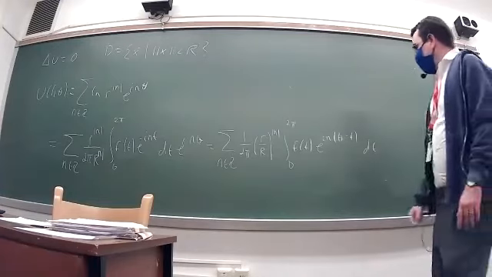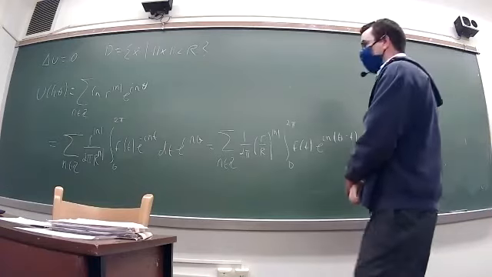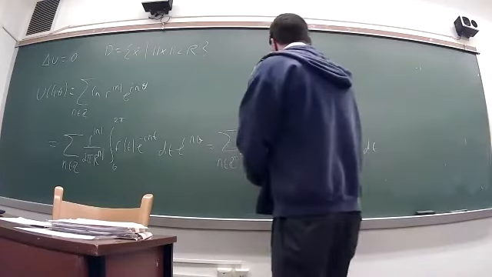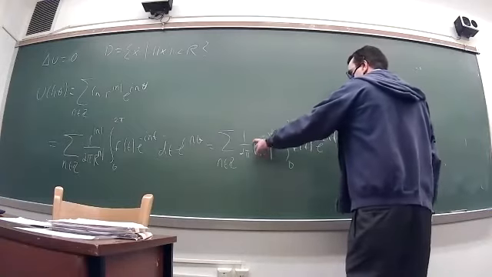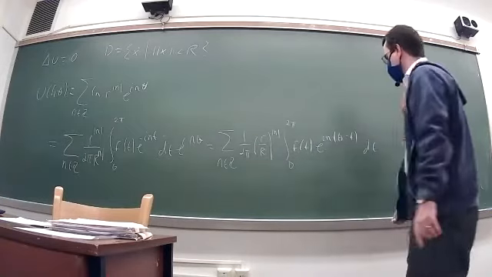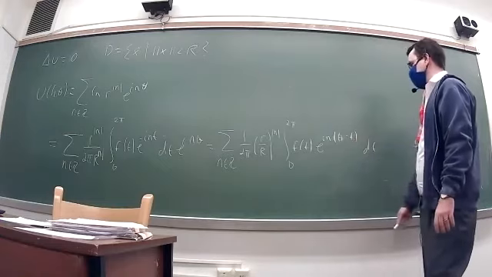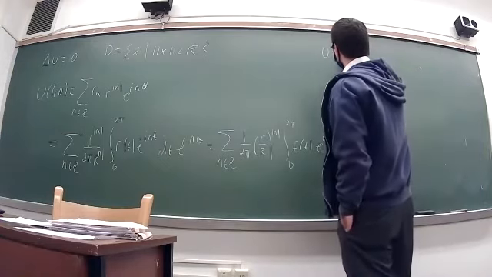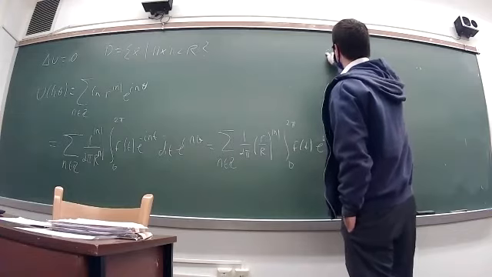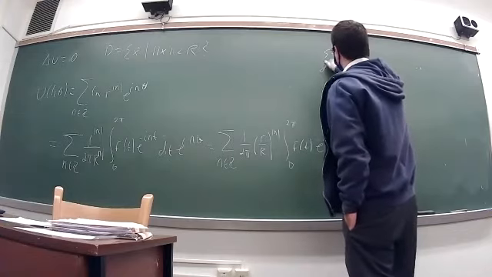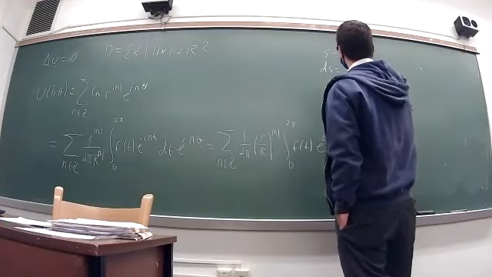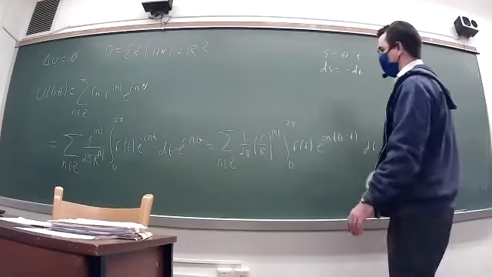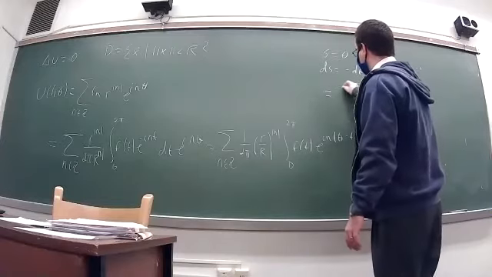We're just grinding through, and we want to eventually isolate a sum of this times e to the i n theta. The problem is I have theta minus t instead of theta, so I want to make a change of variable: s equals theta minus t, so ds equals minus dt, and then rewrite the integral.